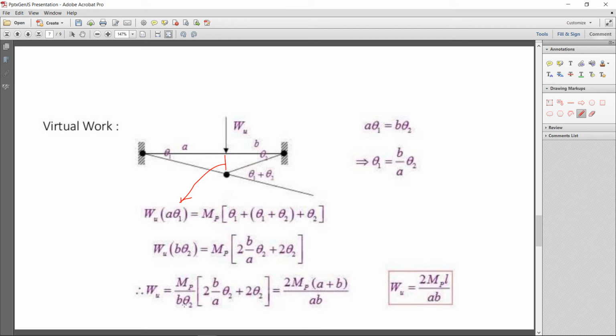Then again by simplification, Mp and 2 are taken common and take the LCM, then you will get this value: 2 Mp (a plus b) over a into b at the bottom, and a plus b is the total length of the beam, so that's why here put it as L. So that's how we get the collapse load for the varying length in the fixed ended beam.